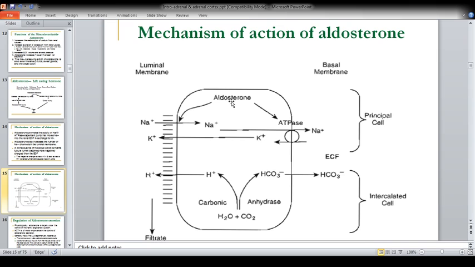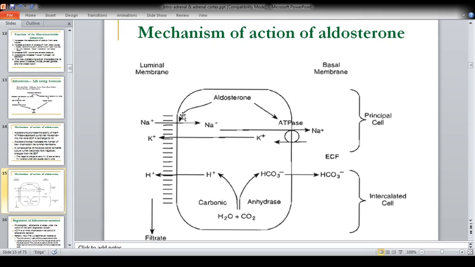So what happens is, first the aldosterone acts on the sodium potassium ATPase pump, moving sodium inside and potassium outside towards the urine.